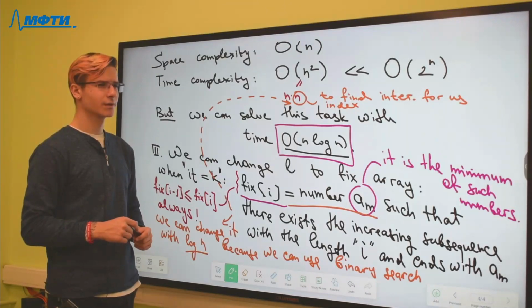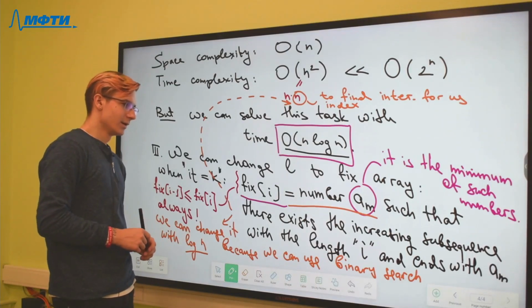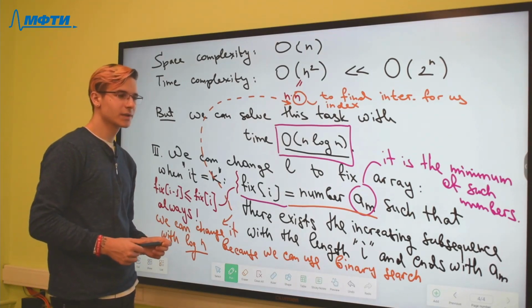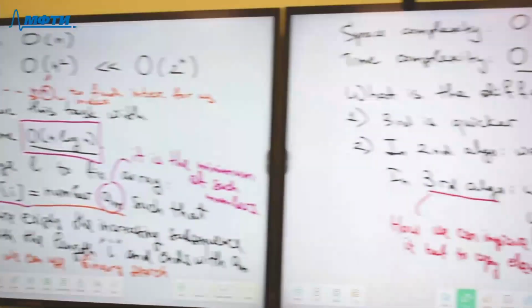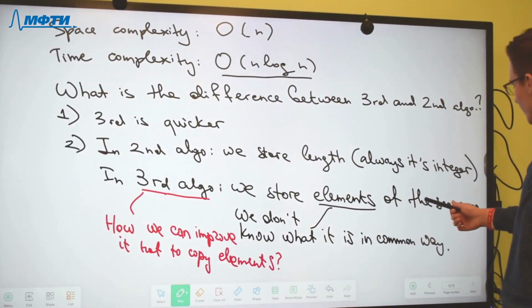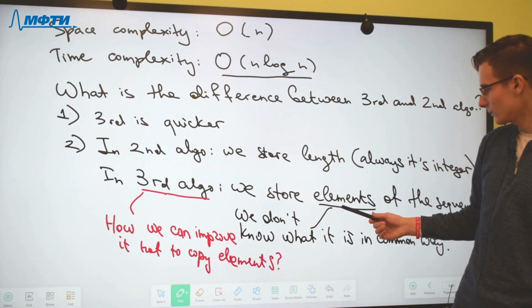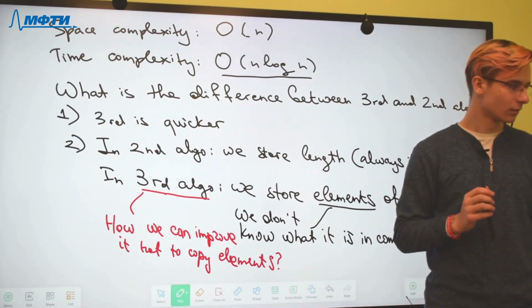Guys in the Zoom, do you understand the last discussion? Yes. Do you understand why we need to understand what the elements of the sequence are and why time complexity depends on it? Time complexity depends on the elements?